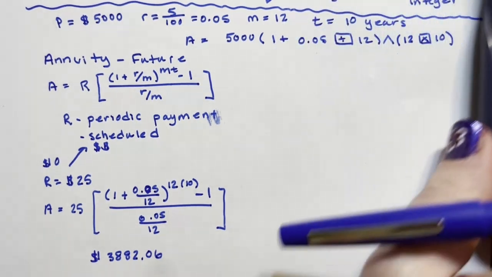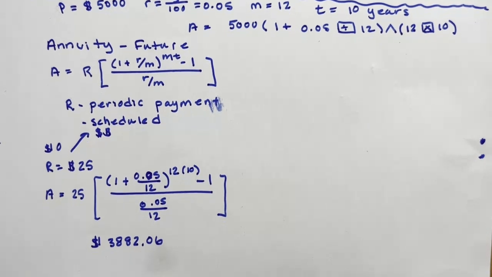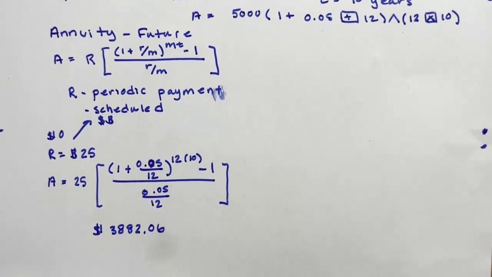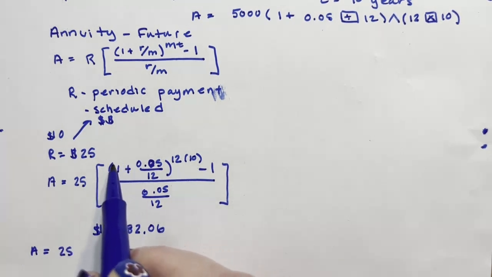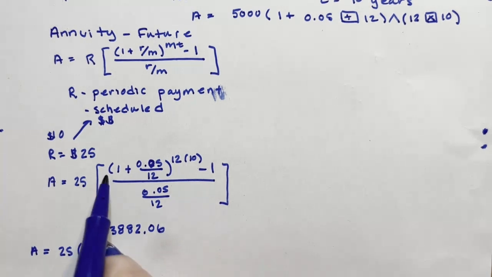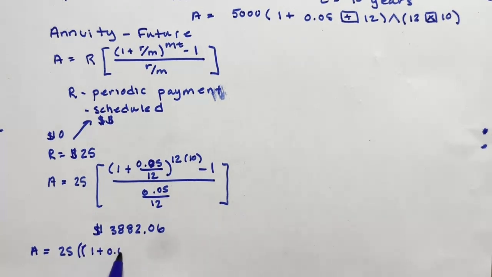Okay, so let's talk about this calculator, because things are going to be a little different here. You don't have that fraction. You don't have those extra bits in here. So for this, we are going to type 25. We need a parenthesis for the numerator. We need a parenthesis for this parenthetical phrase: 1 plus 0.05 divided by 12.